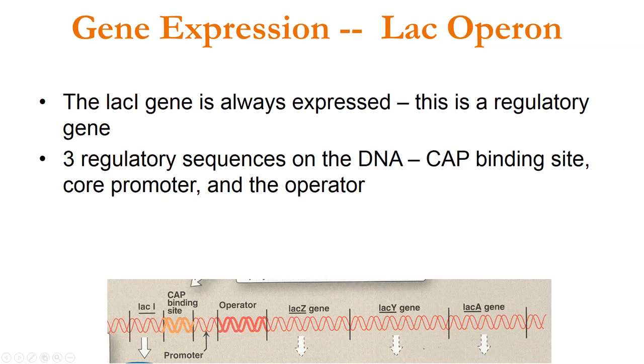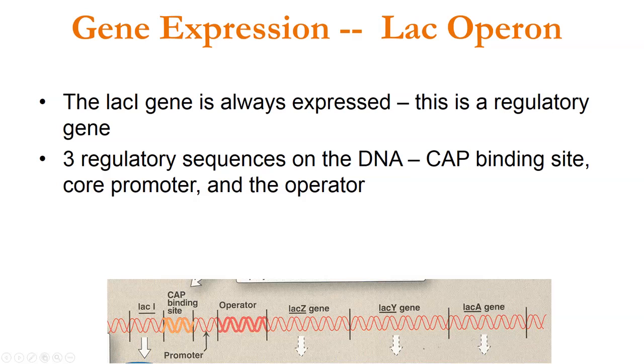This LAC-I gene actually encodes a repressor protein, which we're going to show you shortly. This is on all the time. That LAC-I gene product is always present, and it can bind to this operator sequence, as we're going to see.